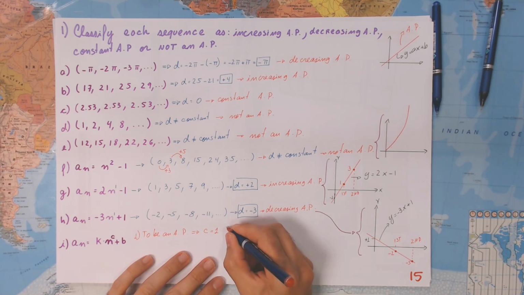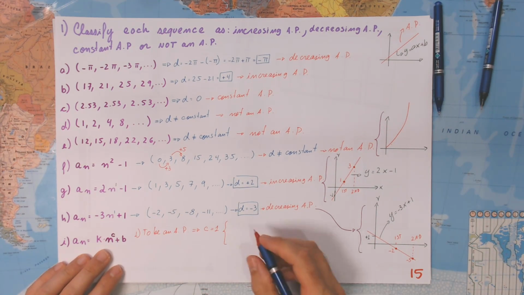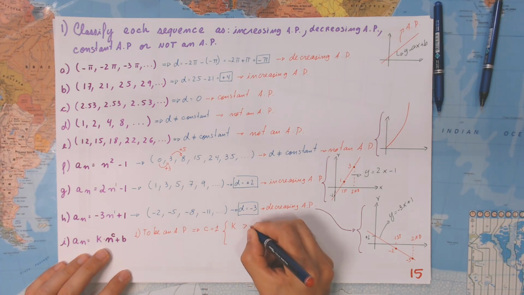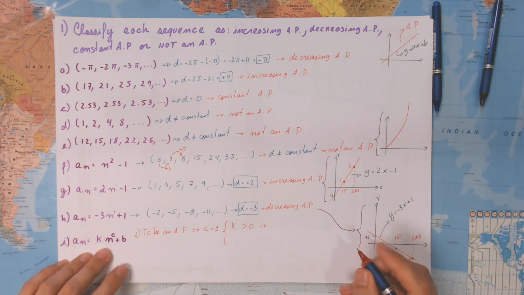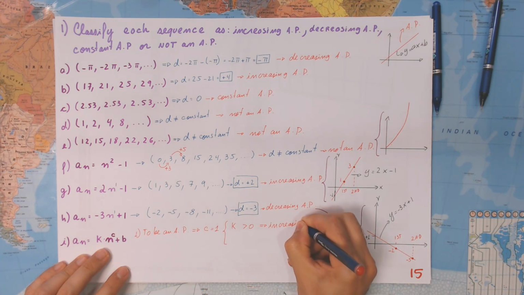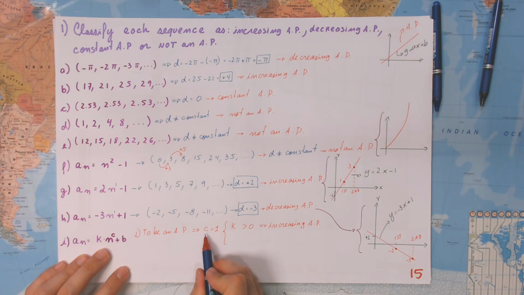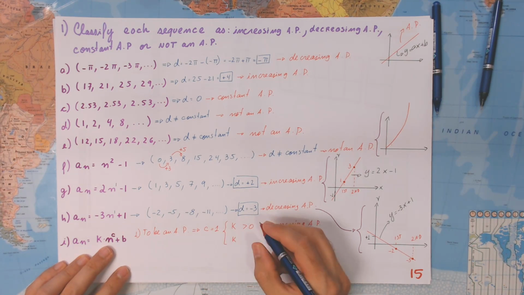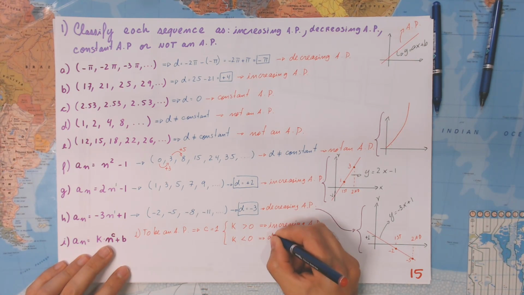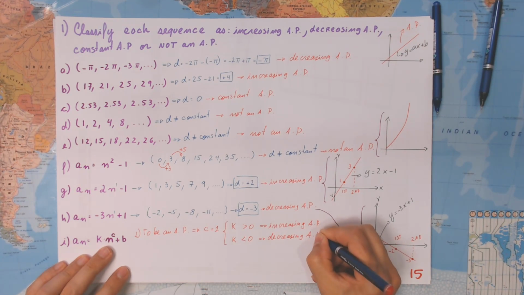and let's make it something different here. If c is 1 and k is greater than 0, so we are going to have an increasing arithmetic progression. If c equals 1 but k is less than 0, then we are going to have a decreasing arithmetic progression.